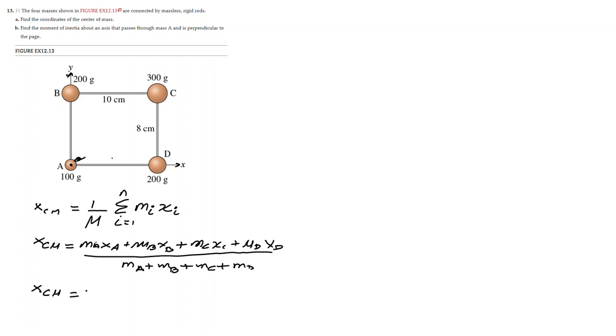So now we substitute and we get that the x of the center of mass would be: mass A is 100 grams, so we have 100 grams times the distance from mass A to itself, which is 0 centimeters, plus mass B. Mass B is this mass over here, which is 200 grams, and the distance along the x-axis from mass B to the origin is going to be 0 because mass B is on the y-axis.